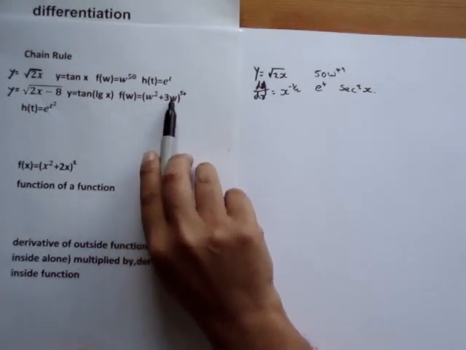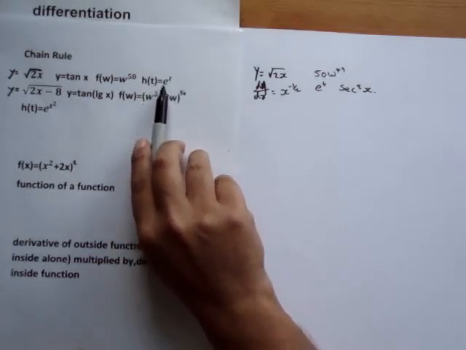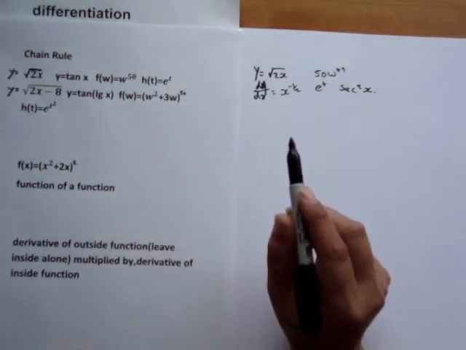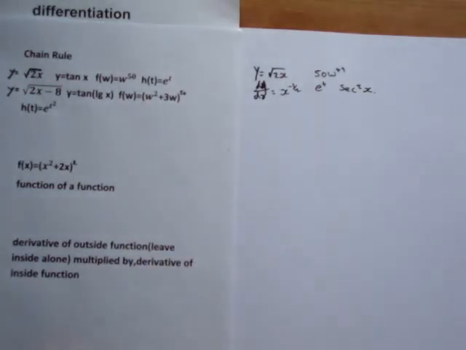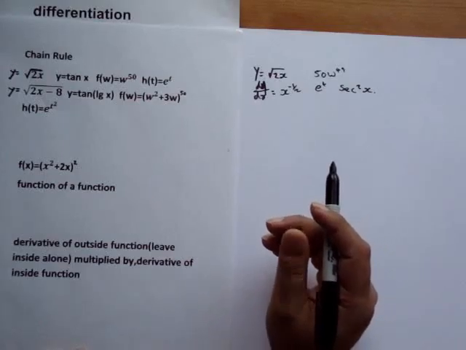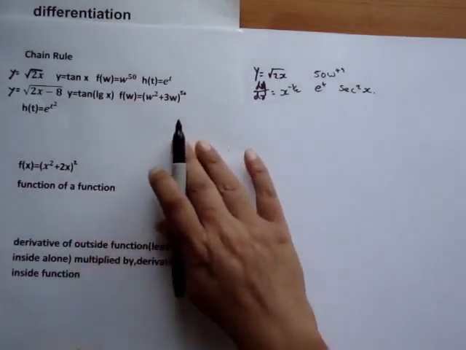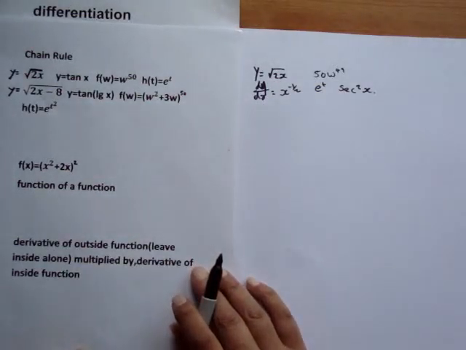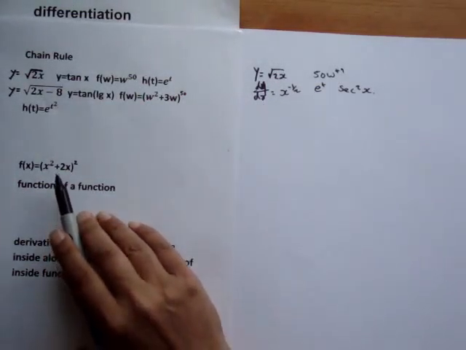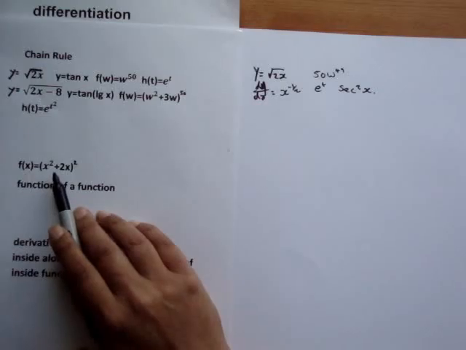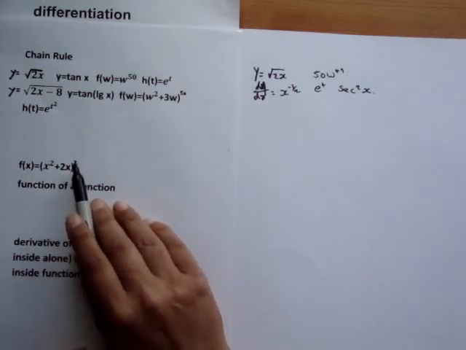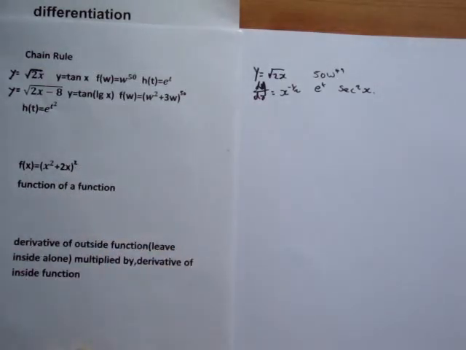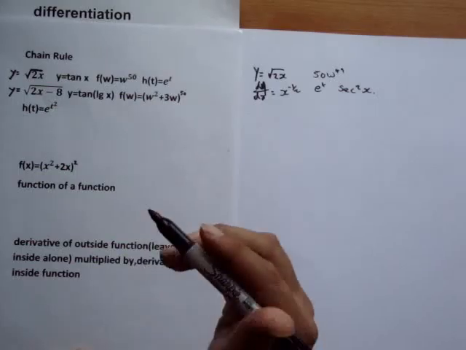So that becomes a function within that power function. Now let's have a look how we can tackle this if this nest of functions is quite simple. So for example, where we have f of x equals x squared plus 2x all squared. So what can we do?